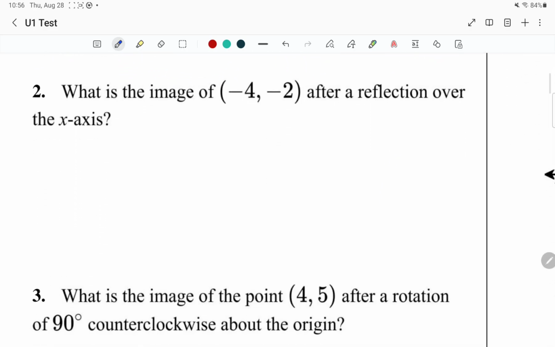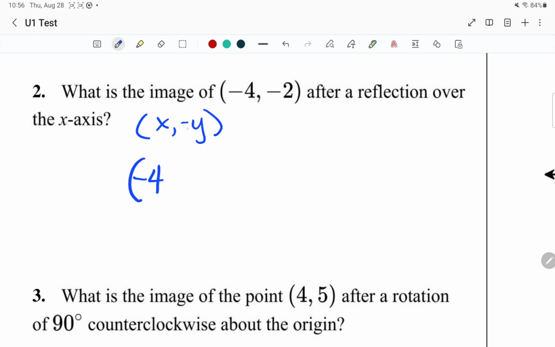What is the image of -4, -2 after a reflection over the x-axis? So remember there's 4 different reflection rules. You have them on your little sheet. The one for the x-axis is the x value stays the same and the y value changes. So I'm going to take -4 and leave it the same.